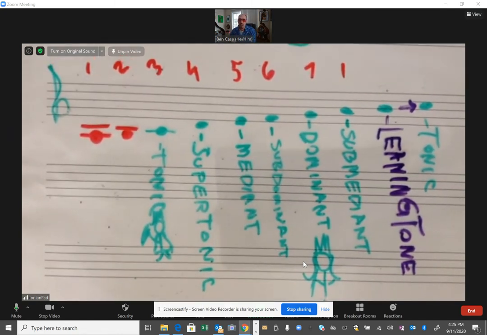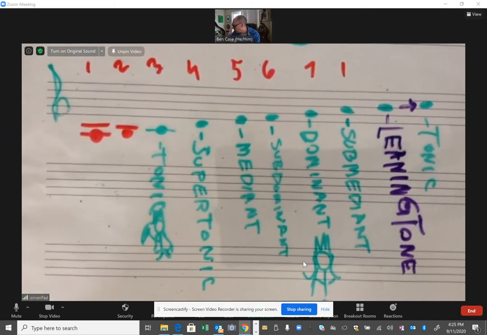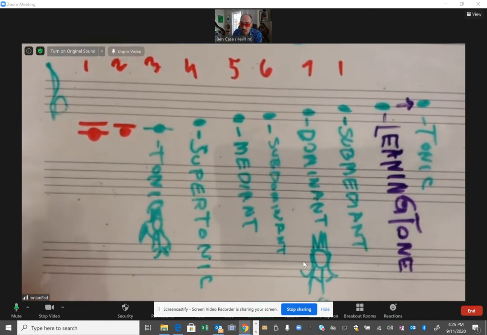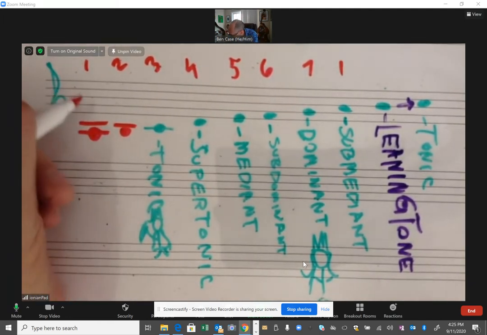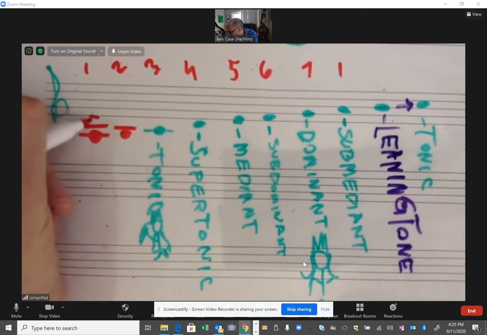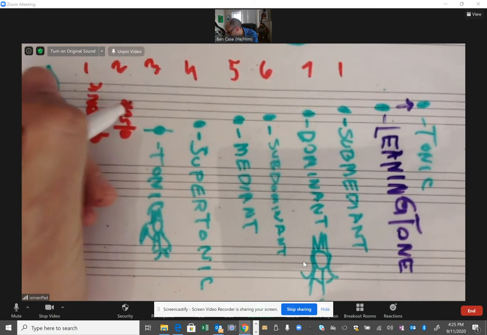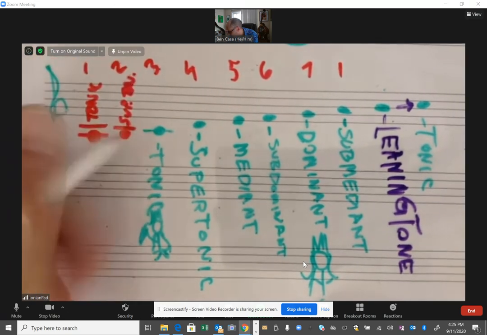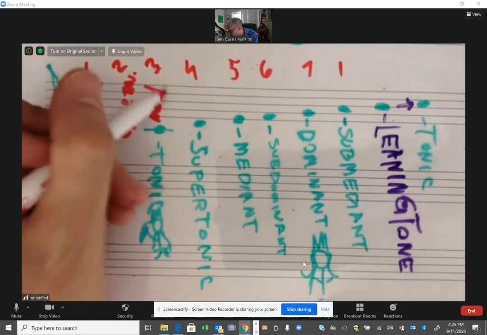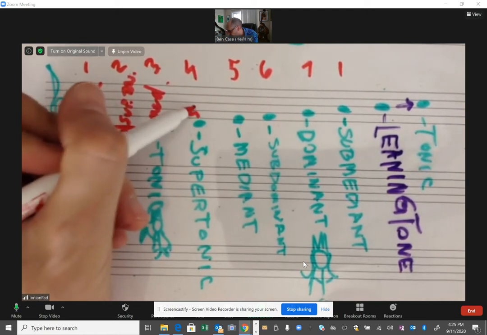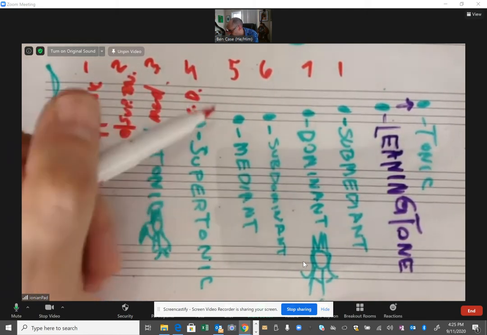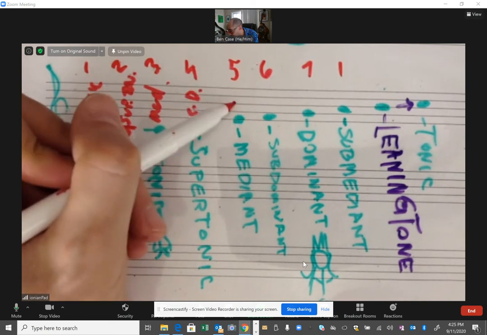So with these, all of the names pretty much stay the same, right? So the 1 is still the tonic. 2 is still the supertonic. 3 is still the mediant. 4 is still the subdominant. 5 is still the dominant.